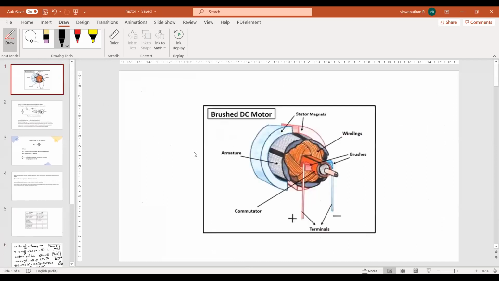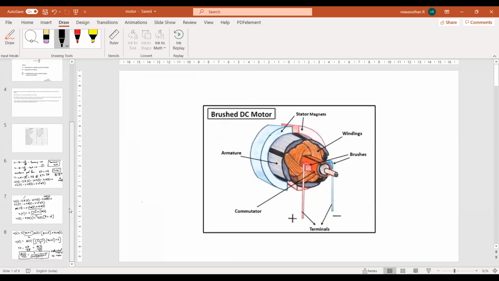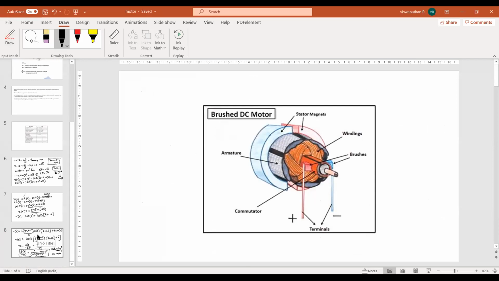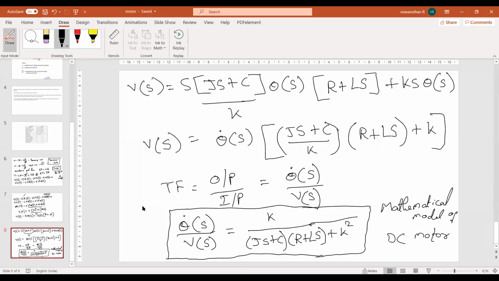We'll discuss how to model brushless ones a little later, but these things are important if you are interested in doing projects. With this model, just substitute the values of that particular motor, and you'll have the mathematical model of that DC motor.